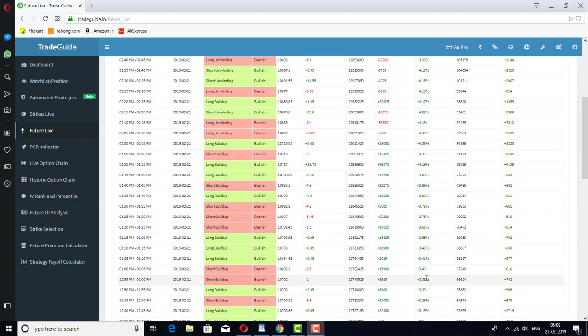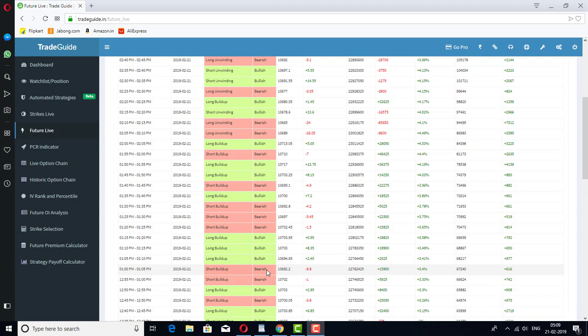By we, I mean the major participants in the market are creating a bearish flow, and therefore short build up is shown in red color and categorized as bearish. Short build-up occurs whenever there is an increase in open interest and a decrease in the premium.